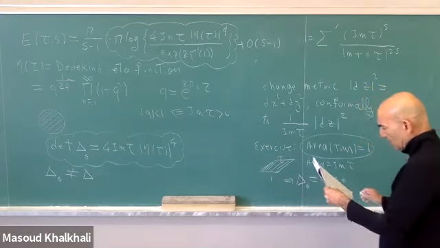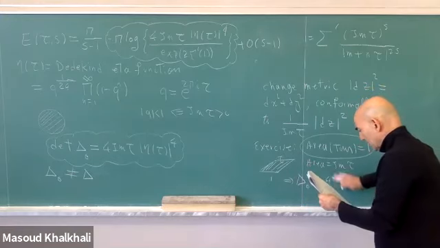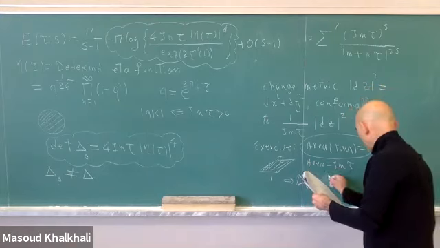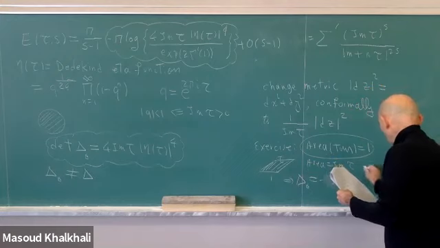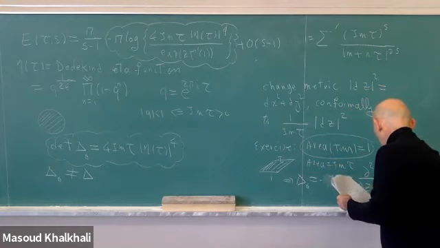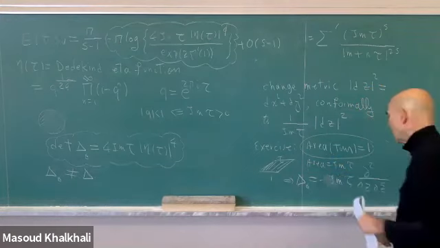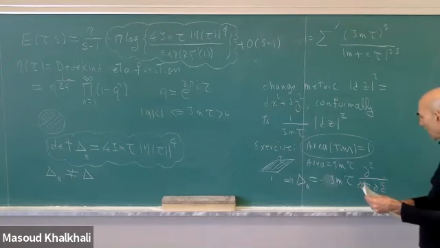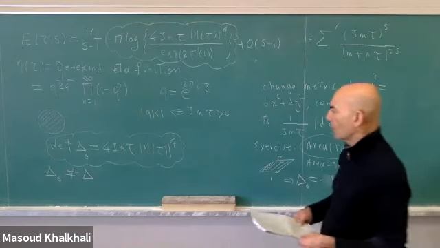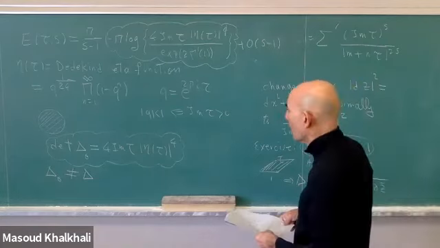Oh, sorry, delta 0 comes out to be minus the imaginary part of tau. Why don't I have a factor of 4? I believe I must still have a factor of 4. Oh, no, there's a 4 here. Okay, so this is already taken care of.